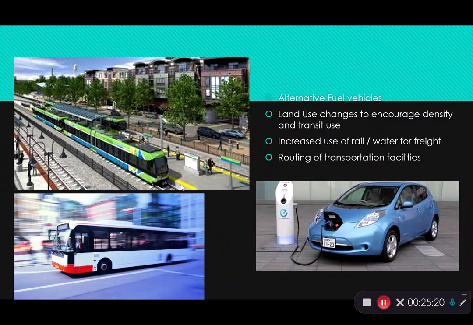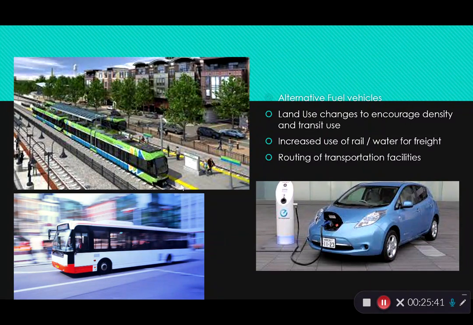Or going back to the idea of neighborhood schools, where kids can walk or ride their bikes to school because it's in proximity to their homes, right? So thinking differently about our land use is going to have a much bigger impact on our transportation network than things like electric cars and so forth. We need to think differently about how we build.